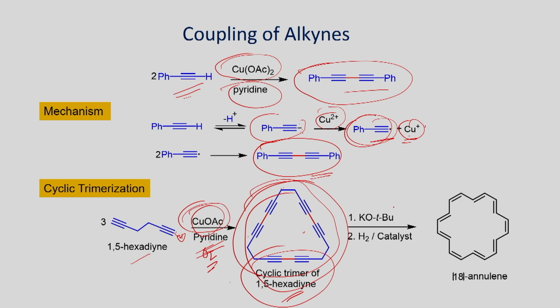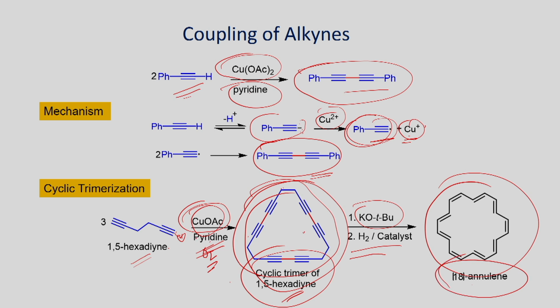Once you form this one, now you can deprotonate using base followed by hydrogenation. You will be able to form this, in this case the formation of 18-annulene shown here. This 1,5-hexadiene can be readily converted into 18-annulene using this approach.